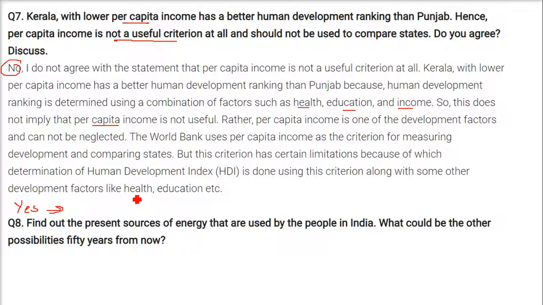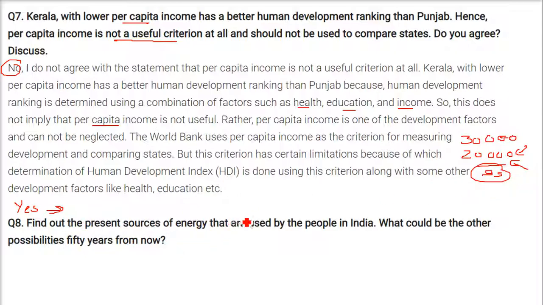If you compare Kerala and Punjab, say a person in Punjab is earning 30,000 and a person in Kerala is earning 20,000. The amount may be less, but in Kerala there is a good health facility and a good public distribution system of rice and other items. The education system is also very good. Right now, 99% of Keralites are educated. So if you agree, you have to point out these.